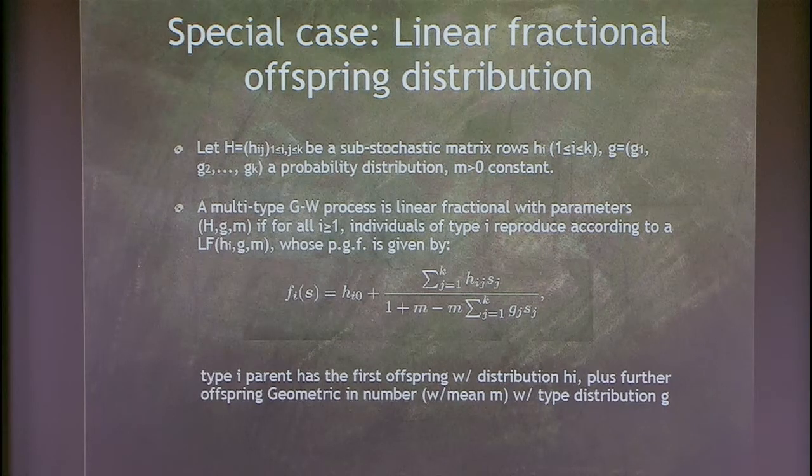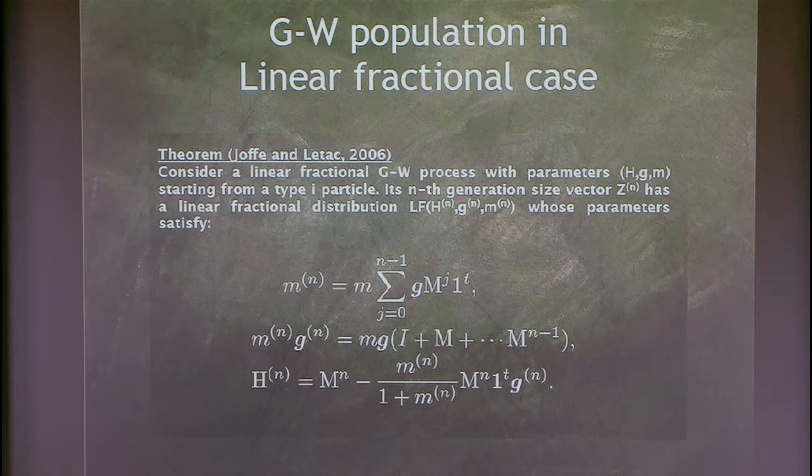So this is what the generating function of such a multitype distribution would be. The result obtained before is that if you have that kind of offspring distribution, then the distribution of the offspring in the nth generation also has that same form, where the parameters are given by some matrix iterations from the original type.